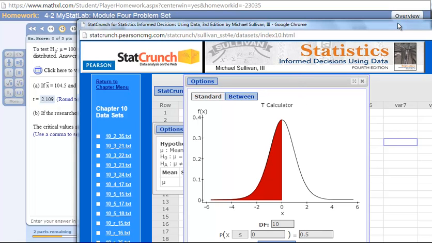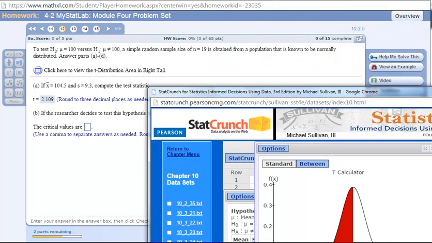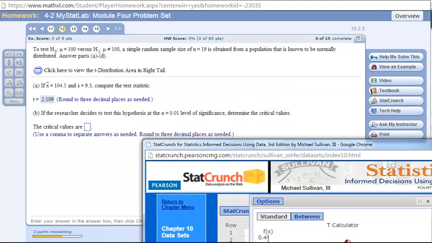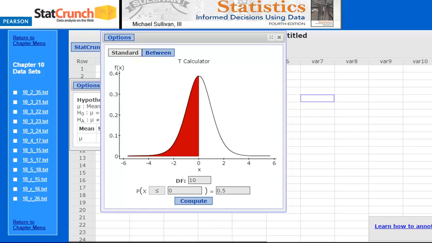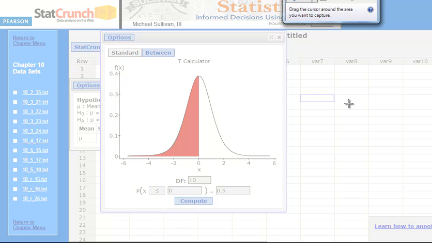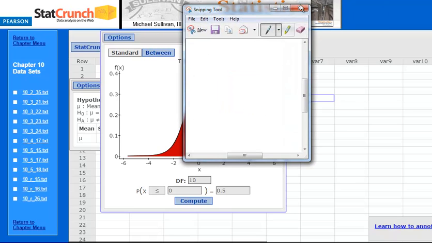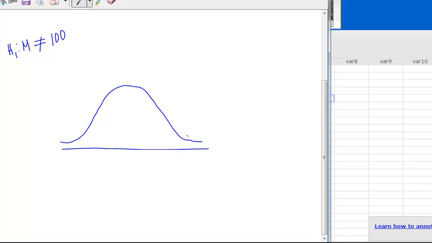Here we're told that alpha is 0.01. Let's take a look at what that means. We know that it's normally distributed, and this is a two-tailed test because the alternative, which they're calling H1, is mu does not equal 100. So it's not a single-sided test, as I mentioned.